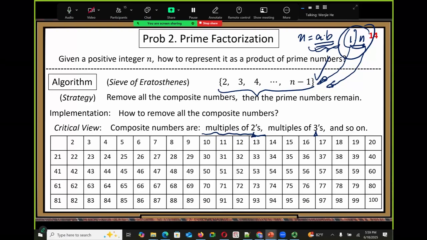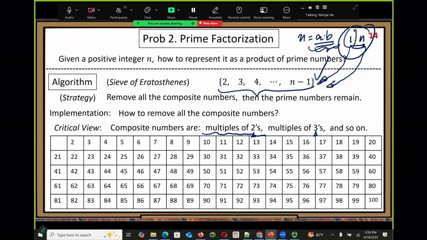The sieve idea: we go through our data set in multiple rounds. For each category, we process one round. The first round, we cross out all the non-trivial multiples of 2's in this table.